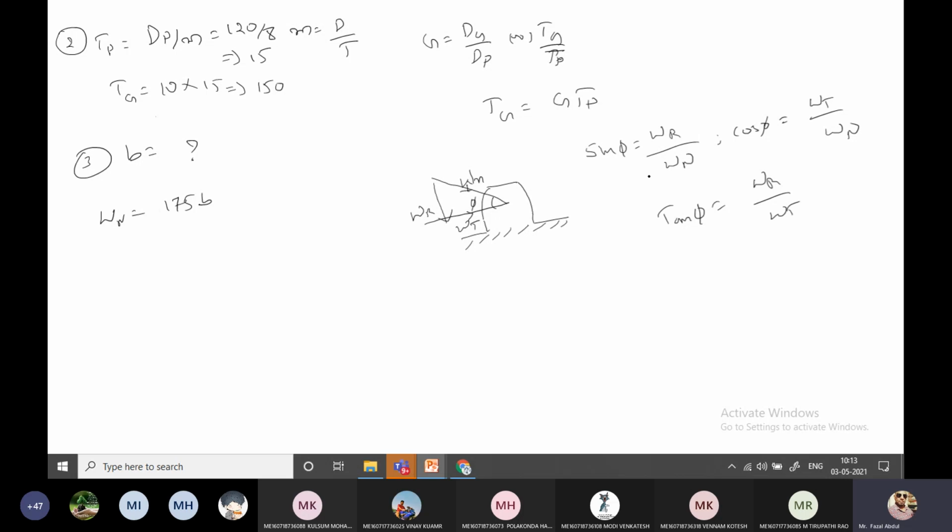Normal load is given, so we don't know the radial load, so that equation is not suited here. Wt we can calculate, and Wn is given in the question.